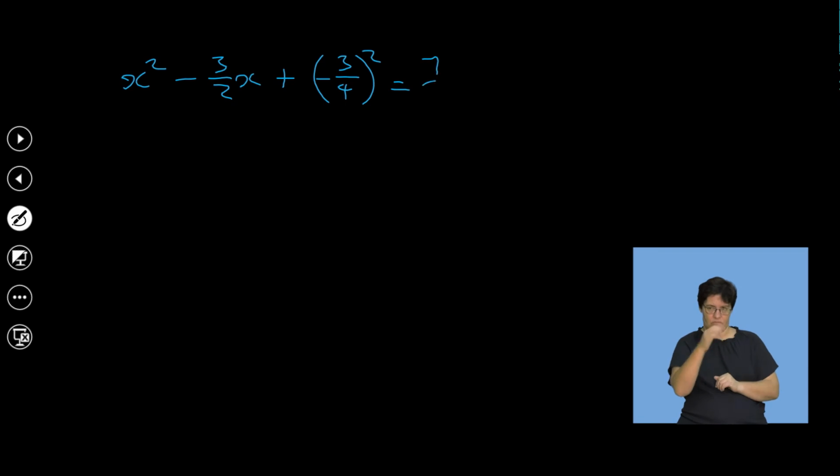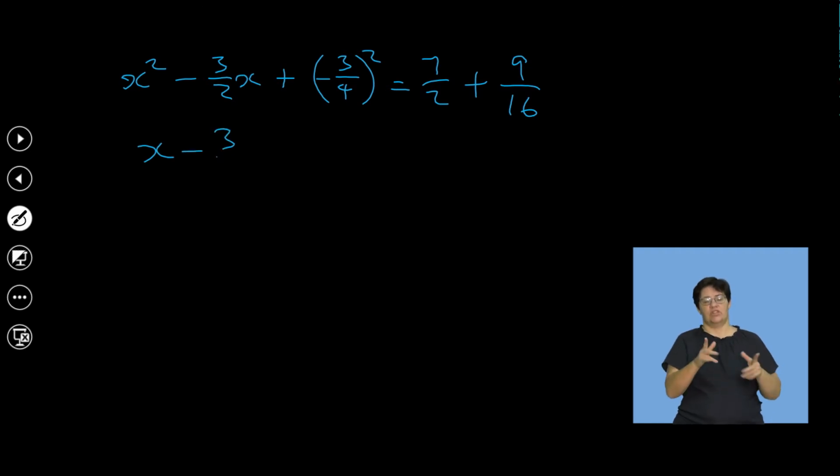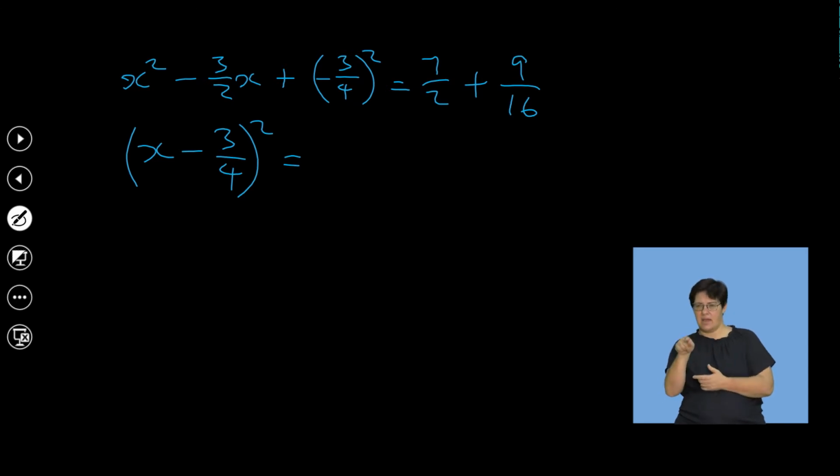Therefore, it will be 7 over 2 plus, if I simplify this, it gives me 9 over 16. And then you can do the completing the square. Minus 3 over 4, all of this is squared, equals to, this I must make sure that the denominators are the same, right? If I do that, this will be multiplied by 8, that will be multiplied by 8. And then you can simplify it further.